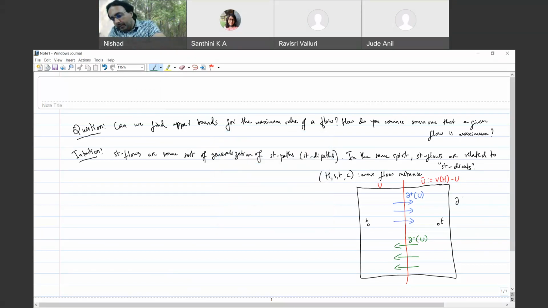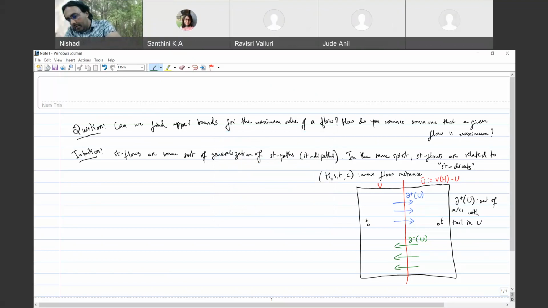So partial plus of U is the set of arcs with tail in U and head in U bar, and partial minus of U is the similar thing with head in U and tail in U bar. All right. And by an ST dicut, we mean partial plus of U where S belongs to U.